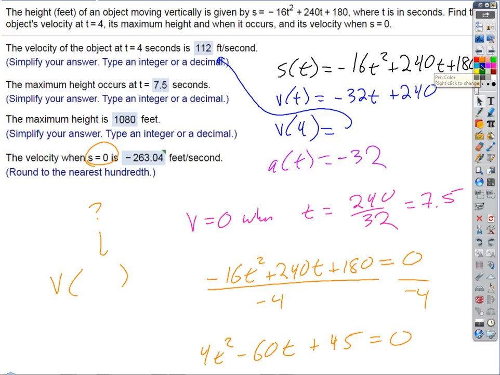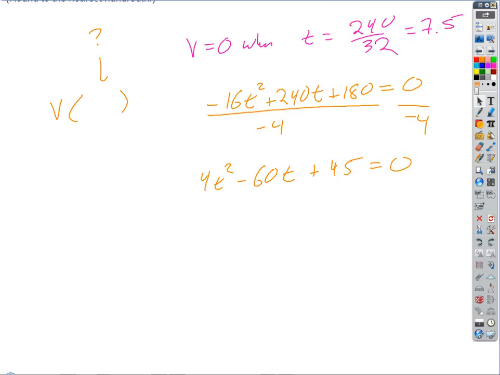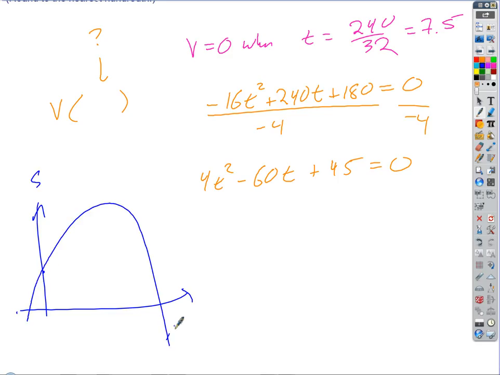If I look at height versus time, this didn't seem right. If we start at a certain height up here, that's positive, then we know that this should look like that. So then I should have to go backwards a little bit to find out when it was at 0.